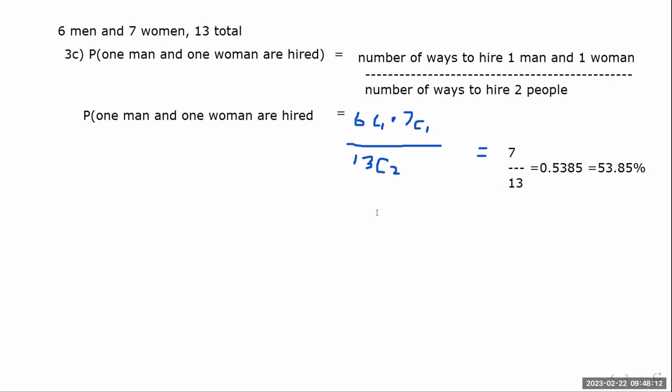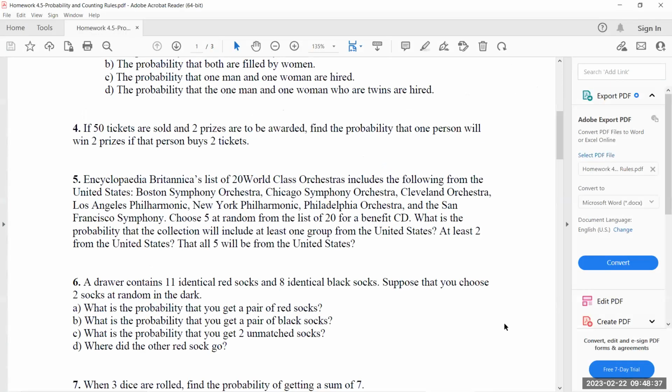Now, most students, once you kind of see the pattern, most students are able to get these 3 pretty well. The one that gives people problems, and the main reason I decided to present this problem, is part D, okay? Part D says the probability that one man and one woman who are twins are hired.